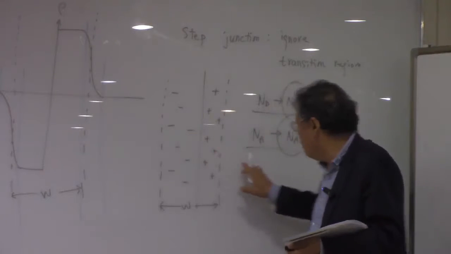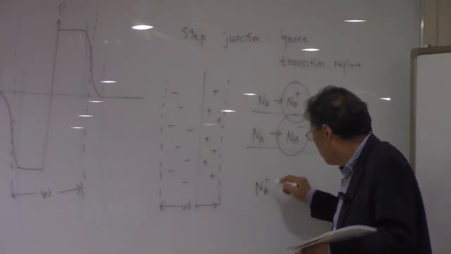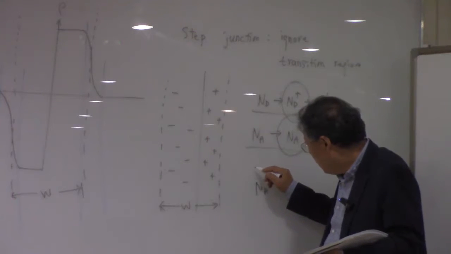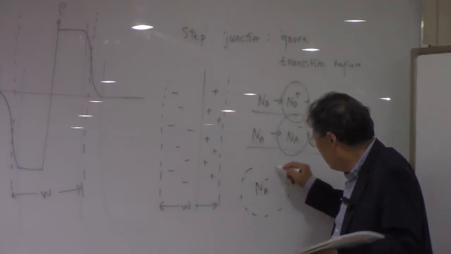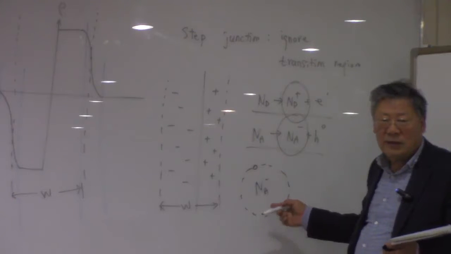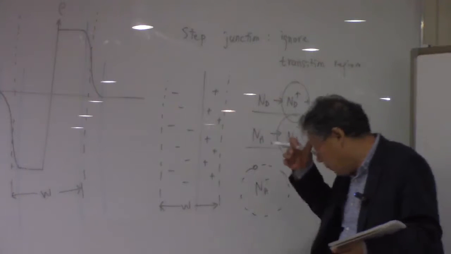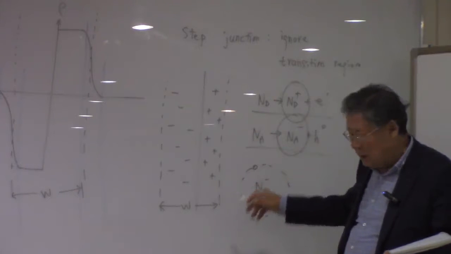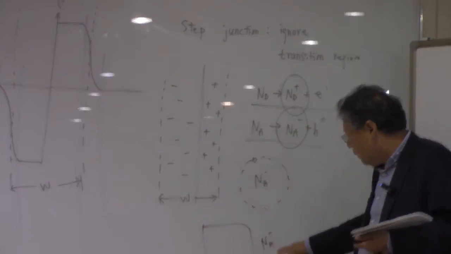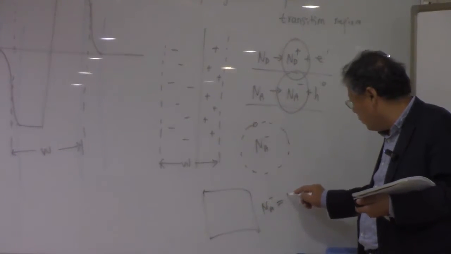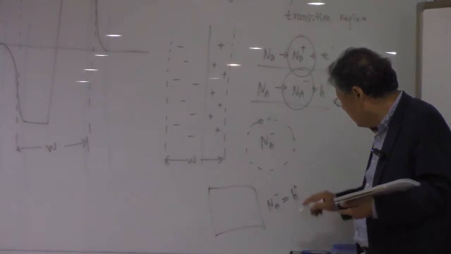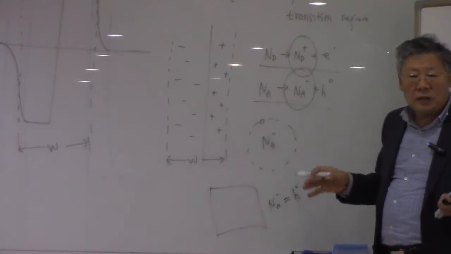But in the neutral regions, this negatively charged acceptor, for example, has one hole orbiting around this. It's not actually orbiting, but it is there. The number of acceptors should be equal to the number of holes in that substance.